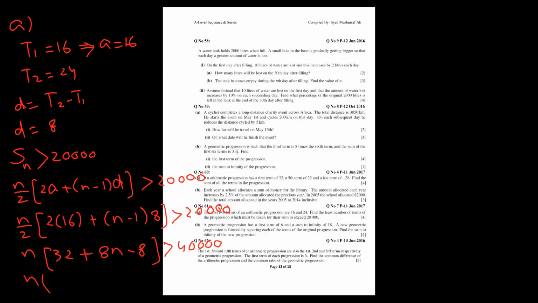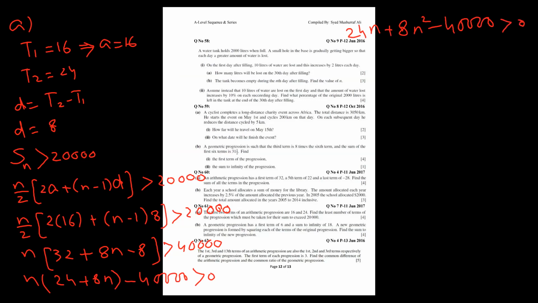Now I will continue. n times 32 minus 8. So 32 minus 8 gives 24n plus 8n squared. This 40,000 I bring to the left-hand side, bigger than 0. So let's complete. I got 8n squared plus 24n minus 40,000 bigger than 0.